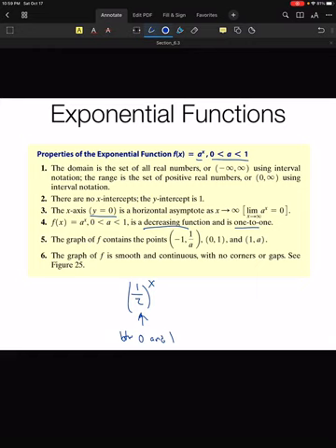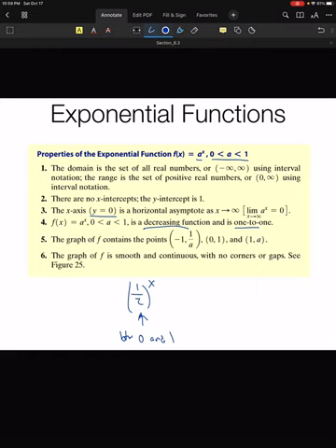And the graph of the function contains 3 points, just like the last one: -1, 1 over a, 0, 1, and 1, a. Now, those are similar, but actually they're the same points, but when the number is between 0 and 1, it acts differently than when it's greater than 1.